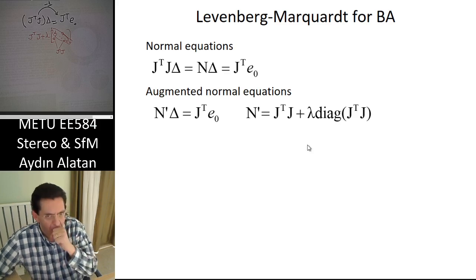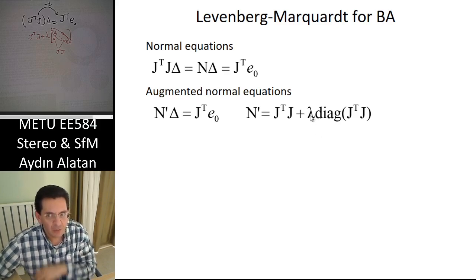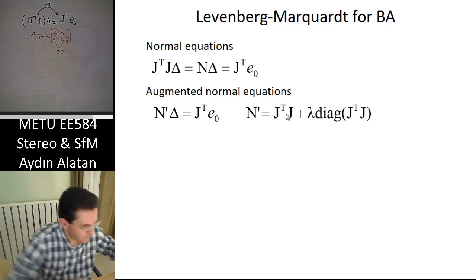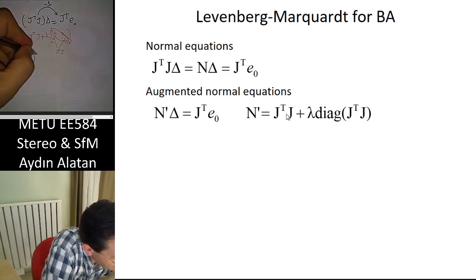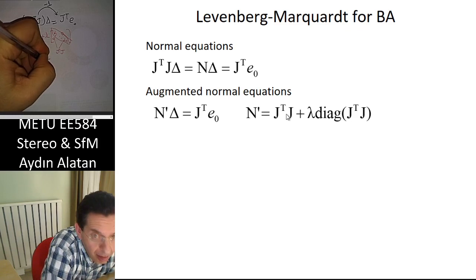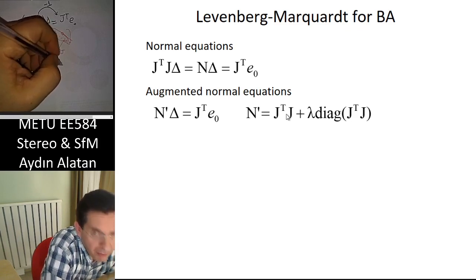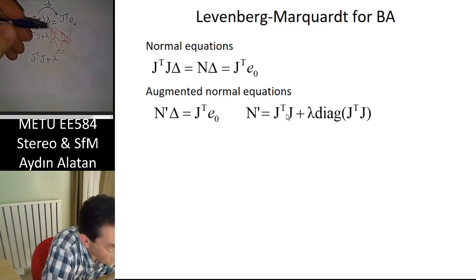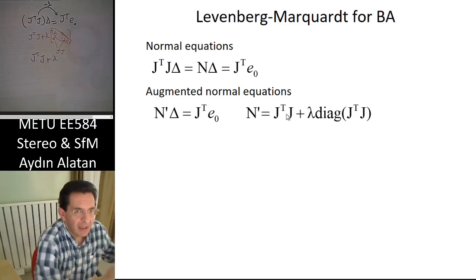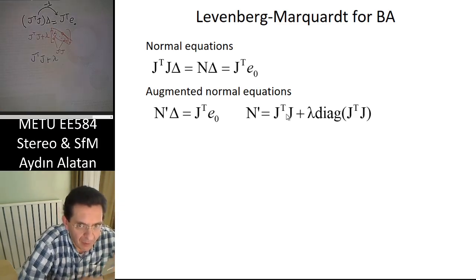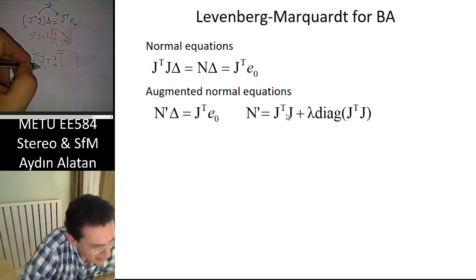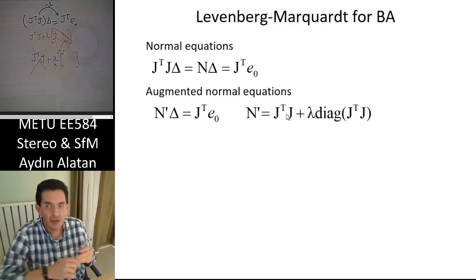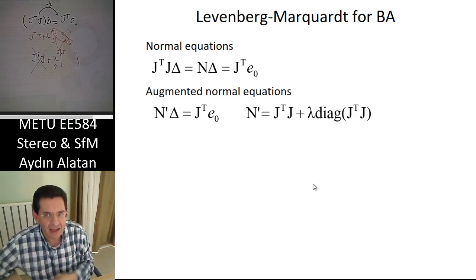And maybe more interestingly, if you increase lambda a lot, the J transpose J term will be negligible, and you start looking like a gradient type of relation.